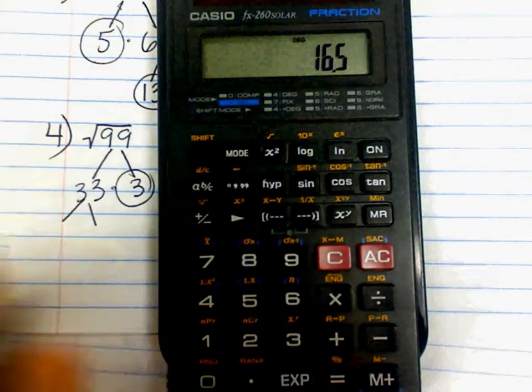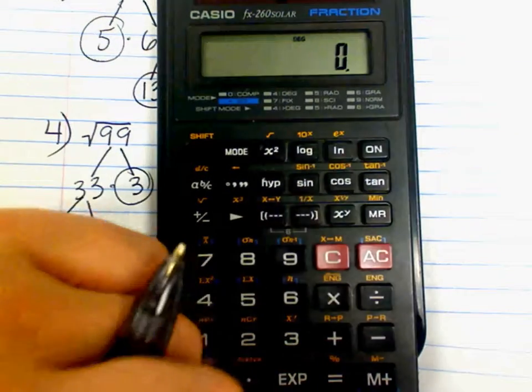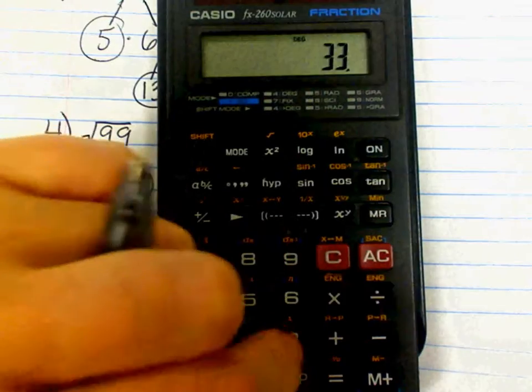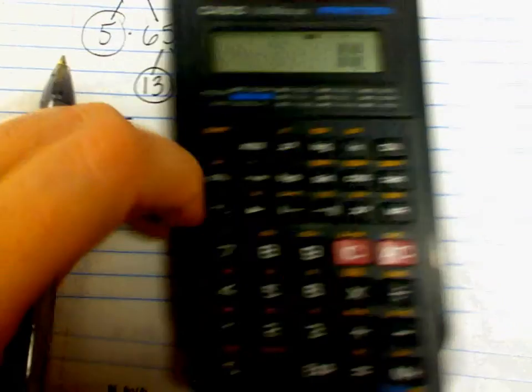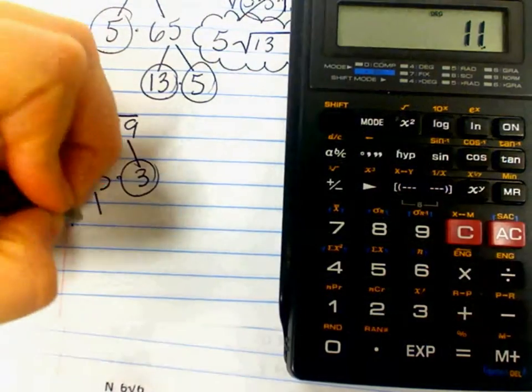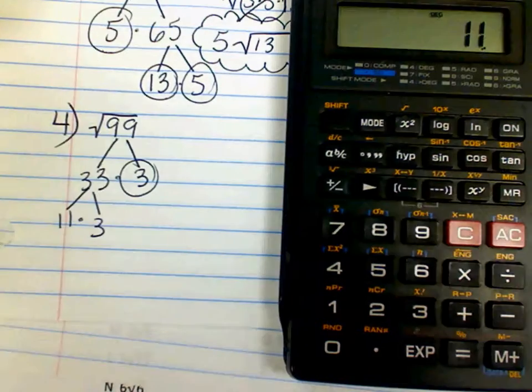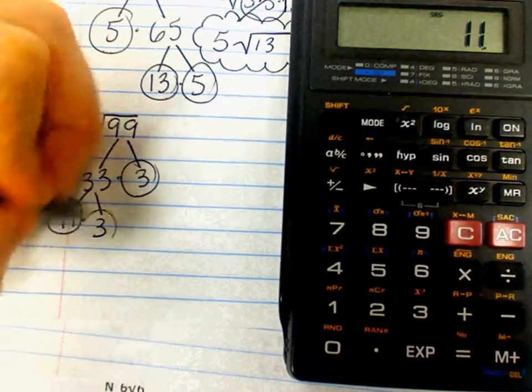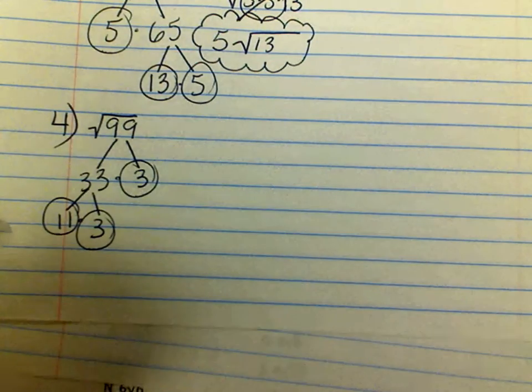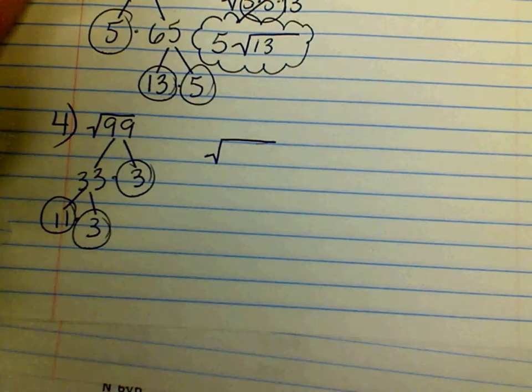When you divide by 2, it's a decimal. So try 3. 11. 11 times 3 is 33. And now those are both prime. 11 is prime. So circle them. Okay.